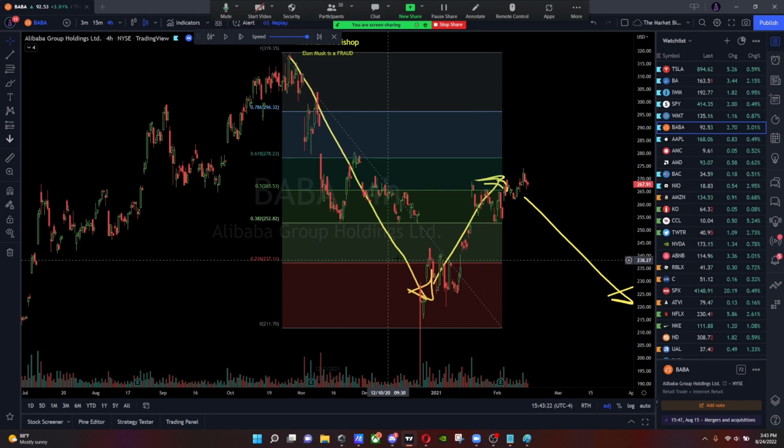Each level is basically a percentage: this is 23%, this is 38%, 50%, 61%, 78%, and obviously the swing high in this scenario is 100%.